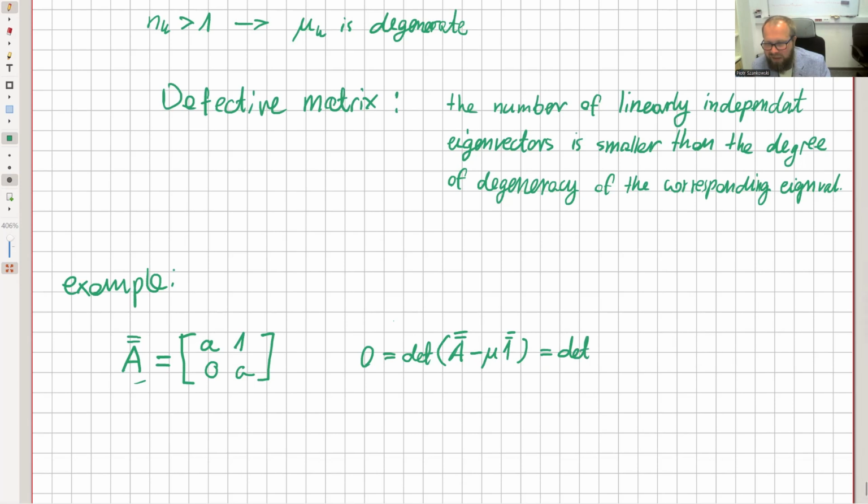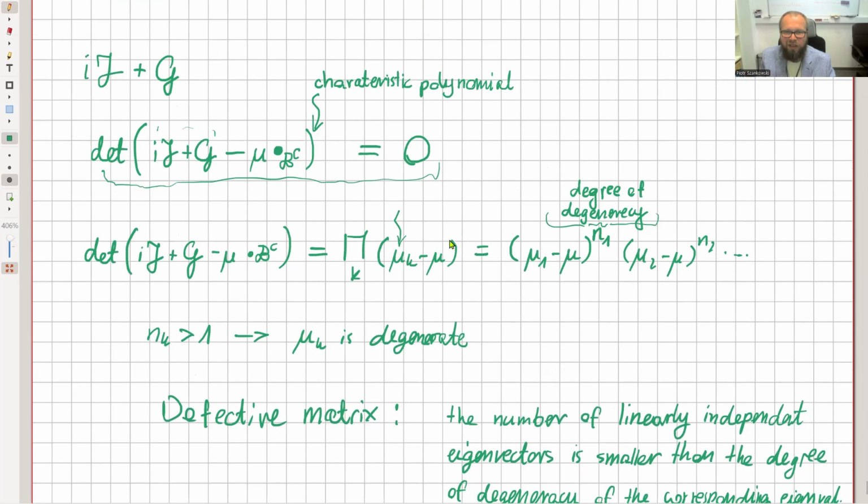The determinant of a 2 by 2 matrix is quite easy to calculate, and you get (a minus mu) squared.